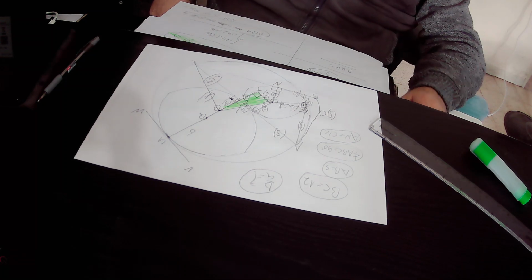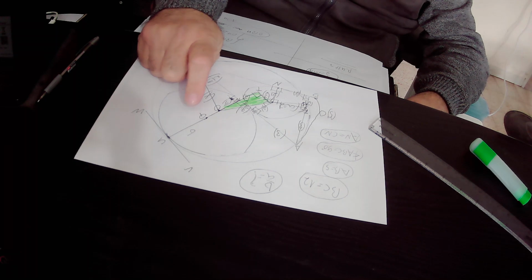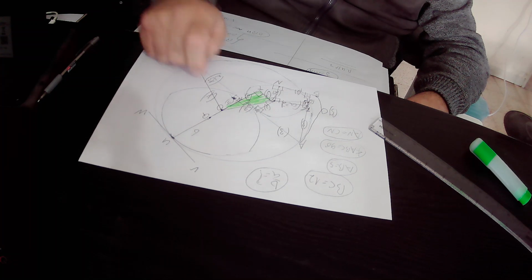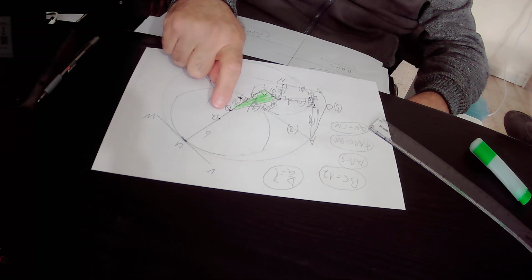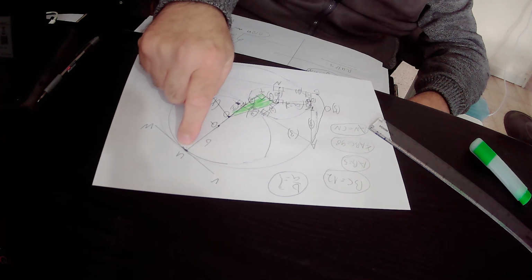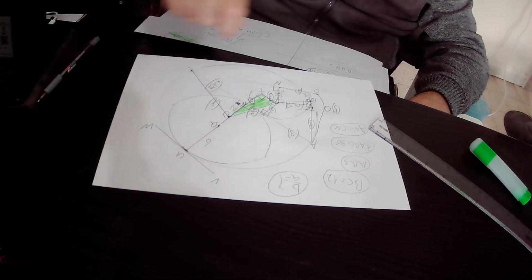Okay, why? Because if, for example, point Q is not located on OU, it will not create an angle of 90 degrees with VW. Or even if point O is somewhere else, then this angle will never be perpendicular to VW.